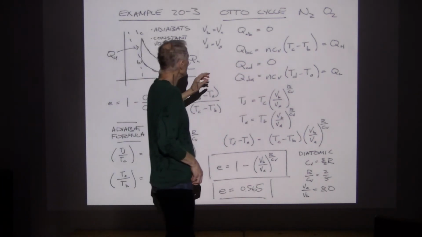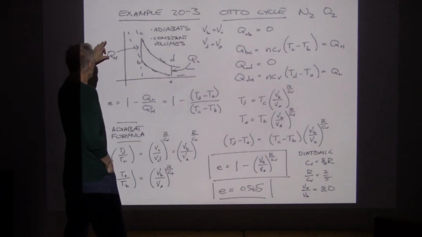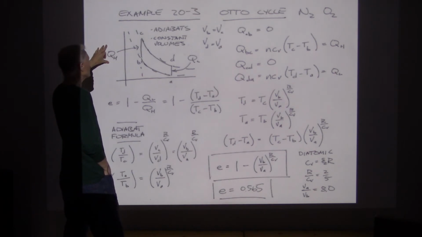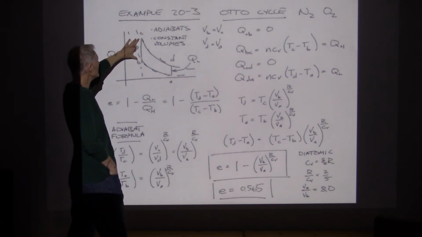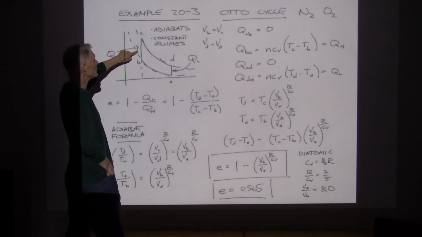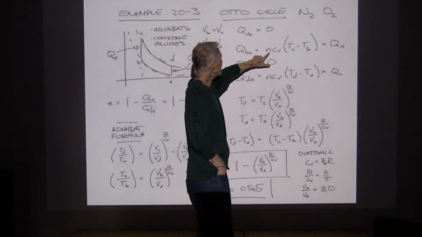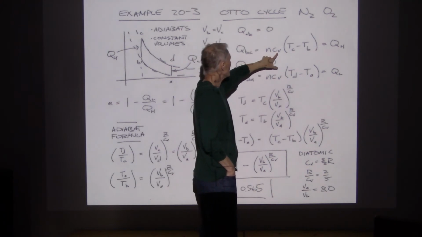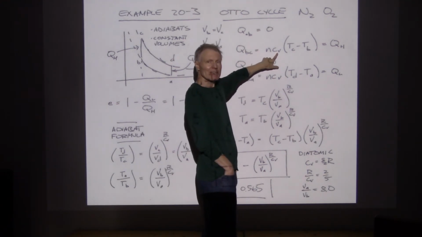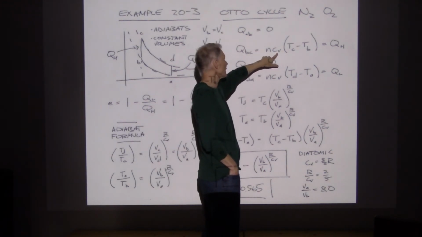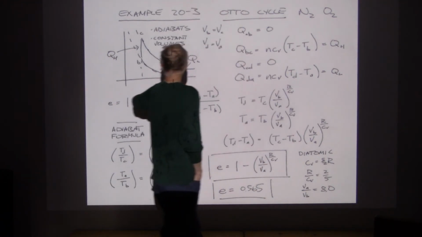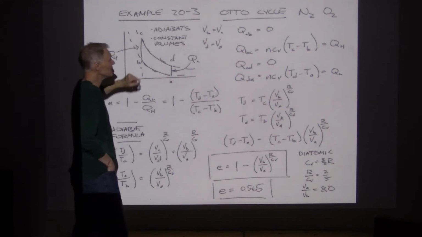But what we can do is identify what is QH equal to. Well, this is heat going into the gas during a constant volume process. So we'll write this as the number of moles times the molar specific heat at constant volume. And then I can write that as Tc minus Tb.